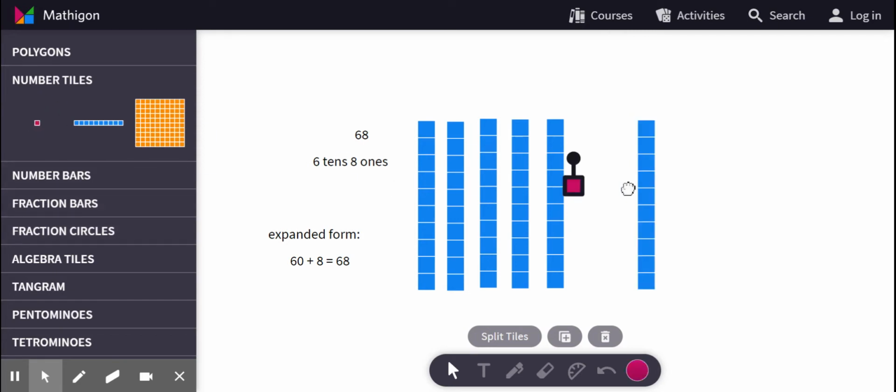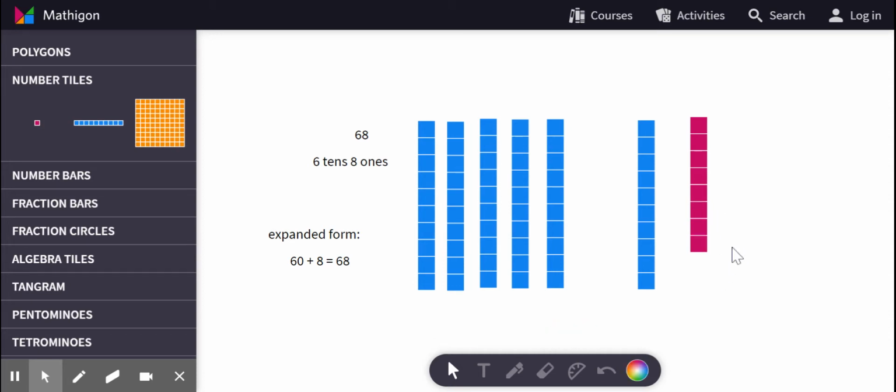Then I can go grab my ones, and I can start lining up my ones. So 1, I guess I can do it like this too. 3, 4, 5, 6, 7, and 8.